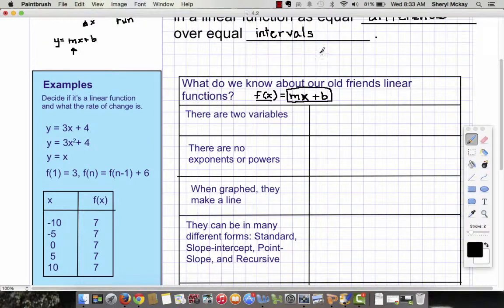It's like that little function machine we talked about. You put the x in, and the function of x comes out. Whatever your rule is, say x plus 2, we add 2 to whatever x is, and that's what we get for f of x.